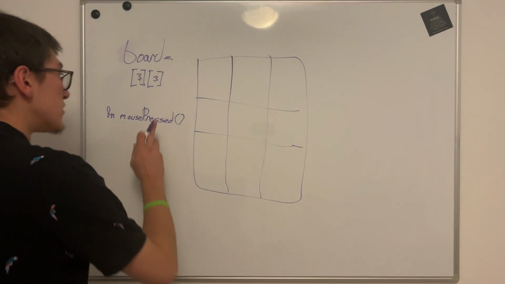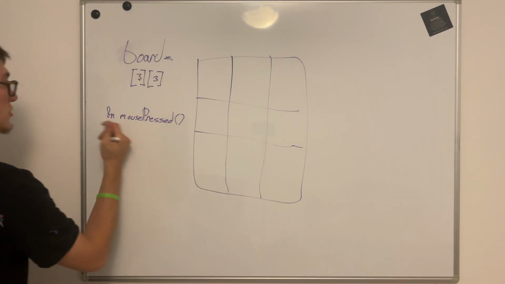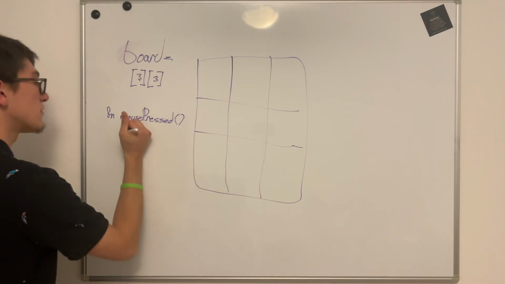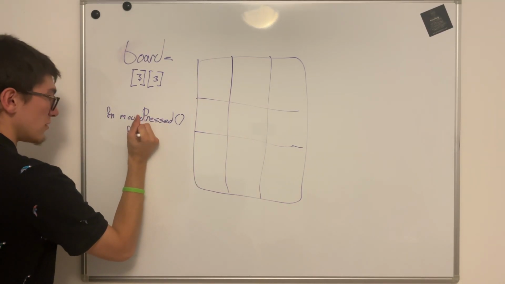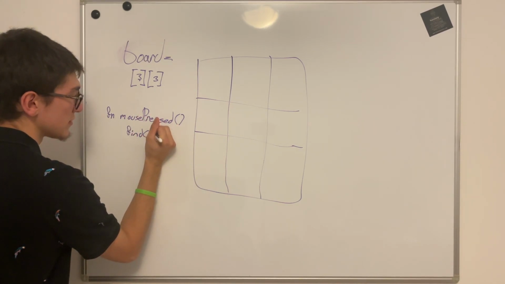All right, so on mouse press, we should check which square you clicked on. So find square or find cell, whatever it is.